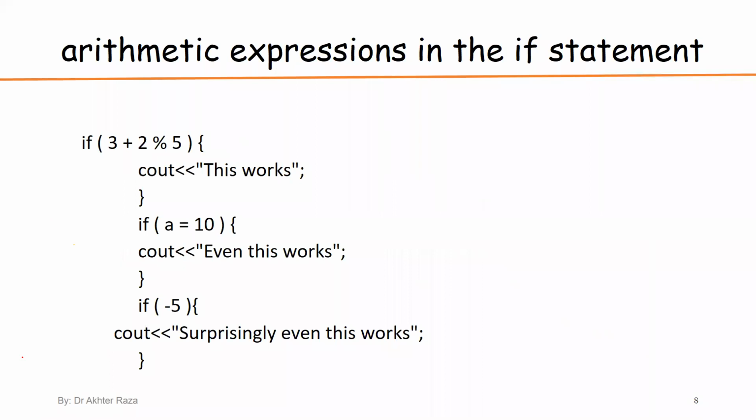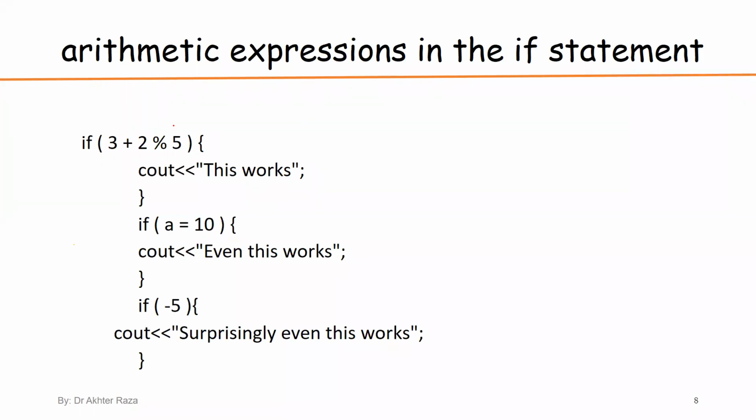An arithmetic expression can be used in the if statement. So what am I checking? I am checking 3 plus 2 percent 5. Percent is the remainder operator, an arithmetic operator. Plus is also an arithmetic operator.